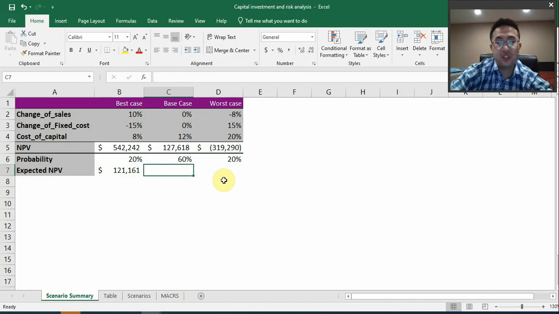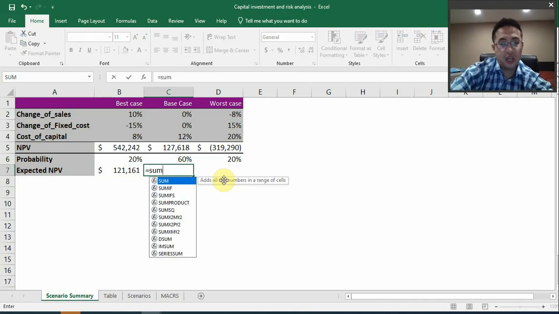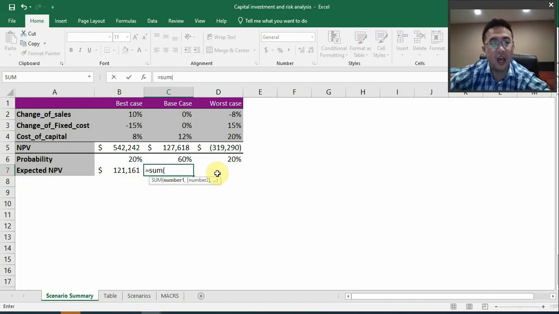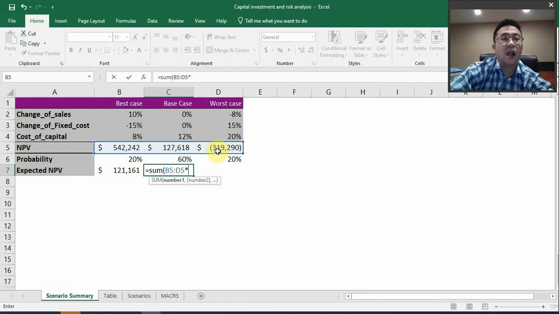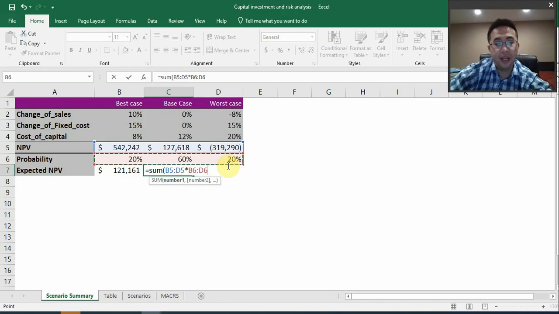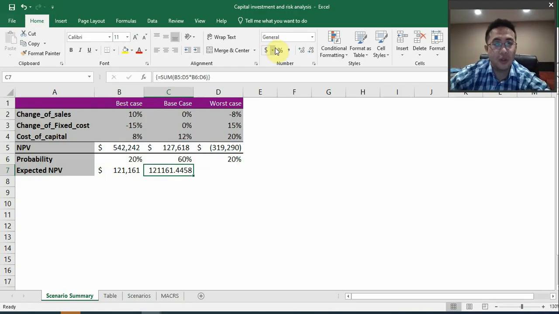And you can also use this function. It's called a sum of product function. And you're going to use 1 vector of numbers, which is your NPV, multiplied by another vector of numbers, which is your probability. Okay. To close it, you don't want to hit enter only. You want to hit Control Shift Enter, and that's gonna give you the same result.